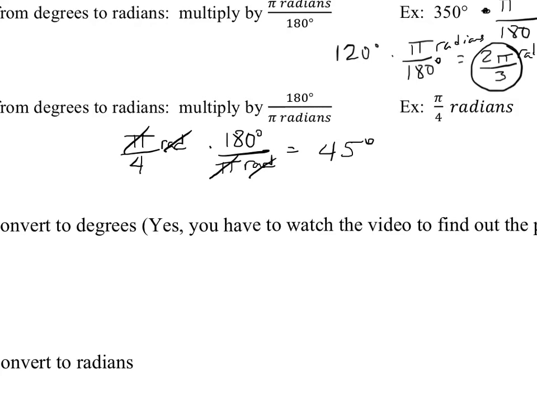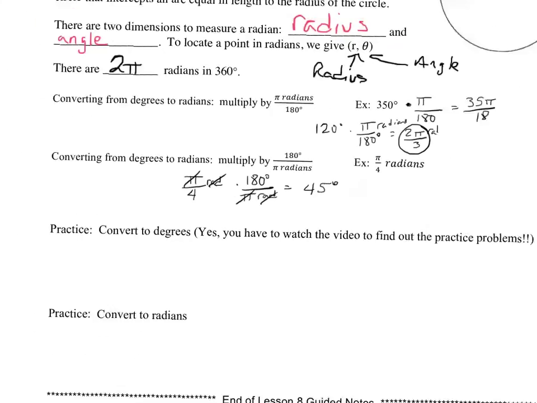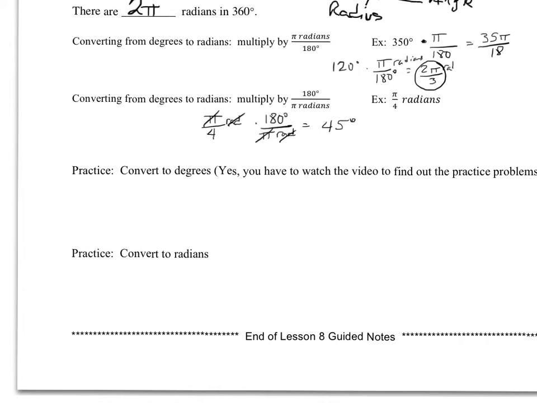Okay, so let's do a couple other example problems here. Say we want to convert to degrees. Oh, I just noticed this was backwards here. I had a typo there. So we want to convert to degrees, okay?